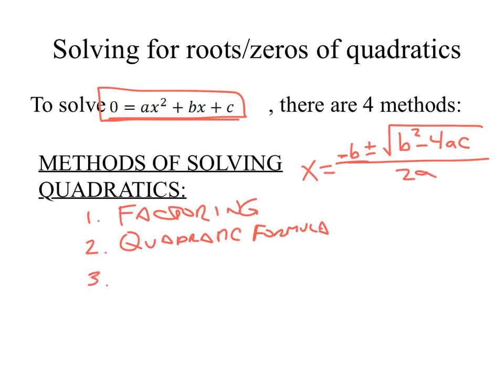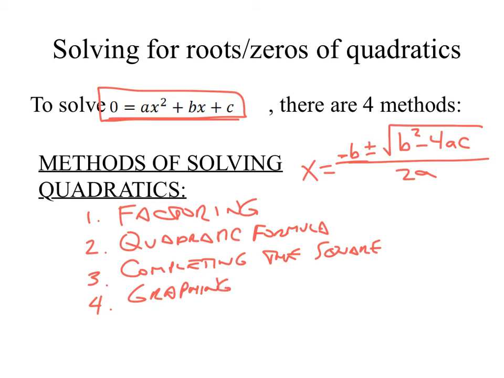That always works. Another method is completing the square, and we'll review how to do that. Probably not the most efficient way, but another method. And the 4th method is good old graphing. Graphing it and maybe using our calculator and finding those roots.